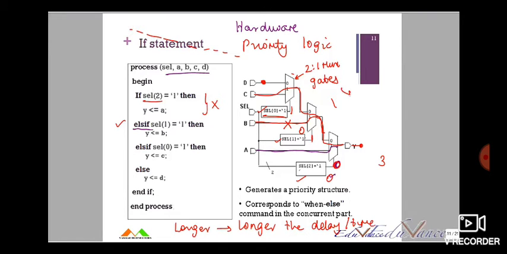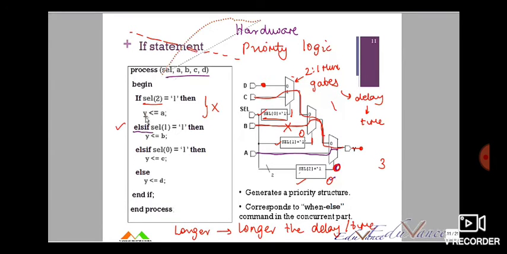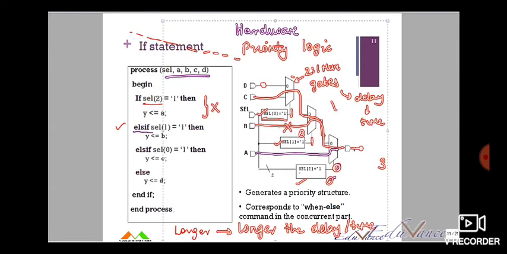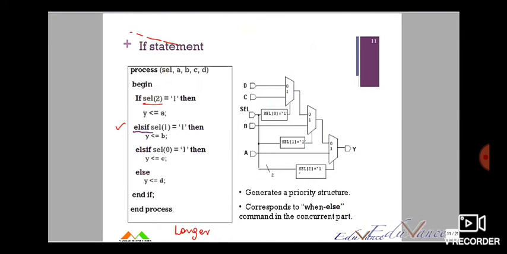Now as we know that gates have delay and hence you have to take care of the time. So basically, avoid more than 3 levels to reduce delay. Okay?